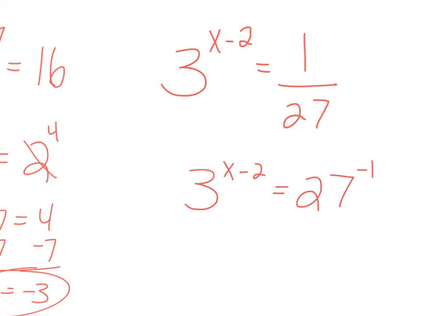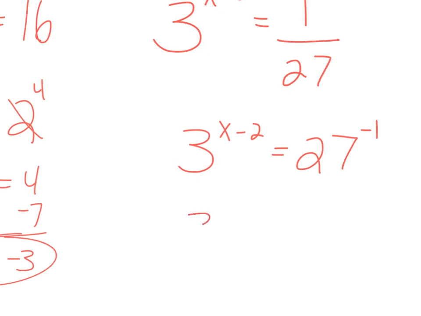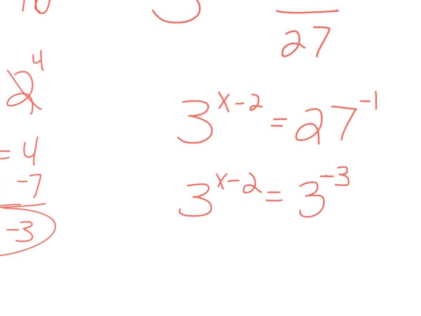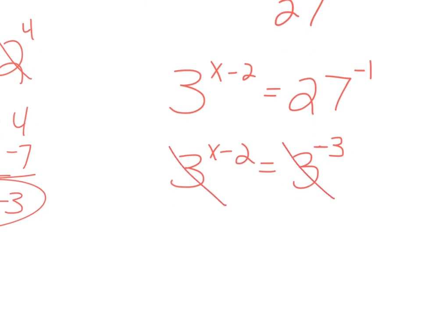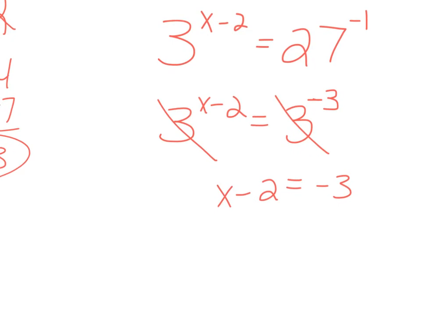Agreed? Now I can rewrite that as 3 to the x minus 2 equals 3 to the -3. So x minus 2 equals -3. Add the 2 to both sides, and x equals -1. Good.